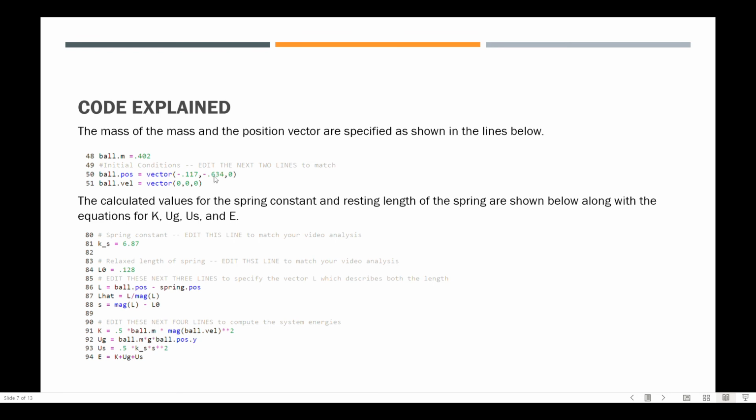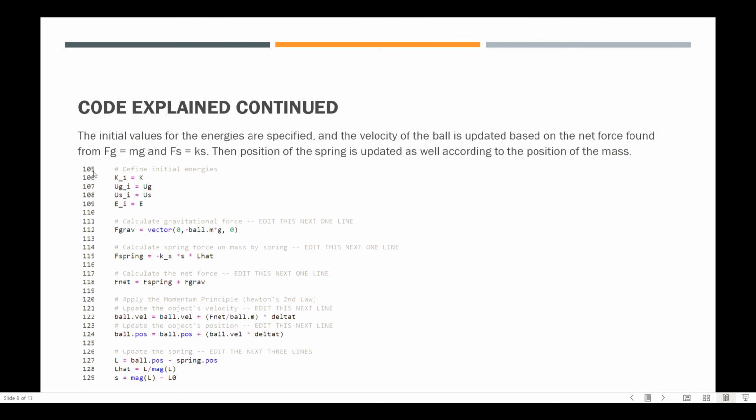Here's the code for the GlowScript program. The mass and the position vector of the mass are specified in the lines shown here, and then the calculated values for the spring constant and the resting length of the spring are shown here, as well as the equations for K, UG, US, and total E. Then we have the initial values for the energy specified, and the velocity of the ball is updated based on the net force found from Fg equals mg and Fs equals ks.